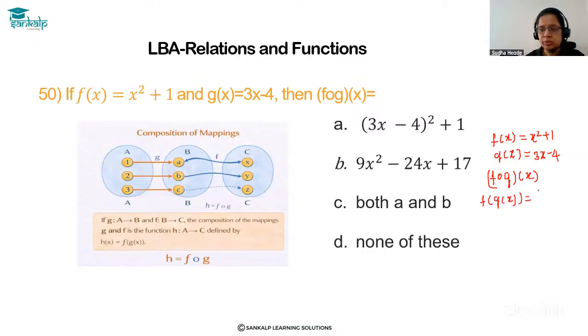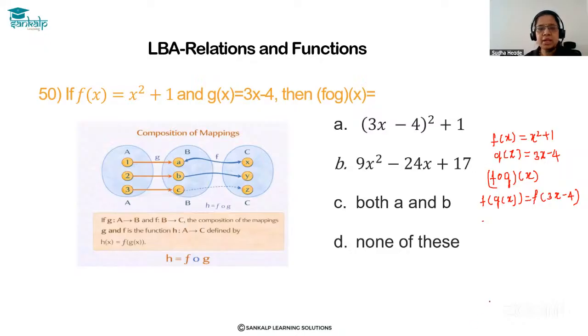That is equal to f of, what is g of x? 3x minus 4. What is f of 3x minus 4?